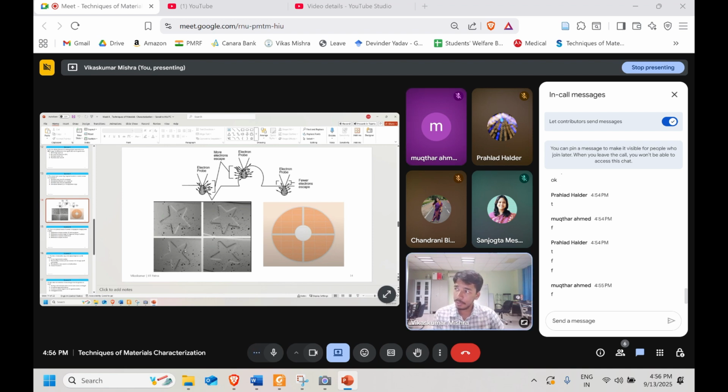See what is happening. Why has the shadow been created over here? The reason is, let's say I'm using this particular detector. If the shadow has been created, it means that the directionality matters.